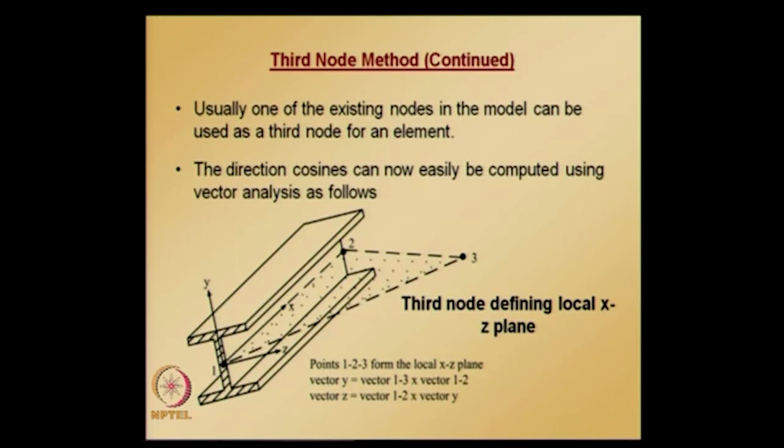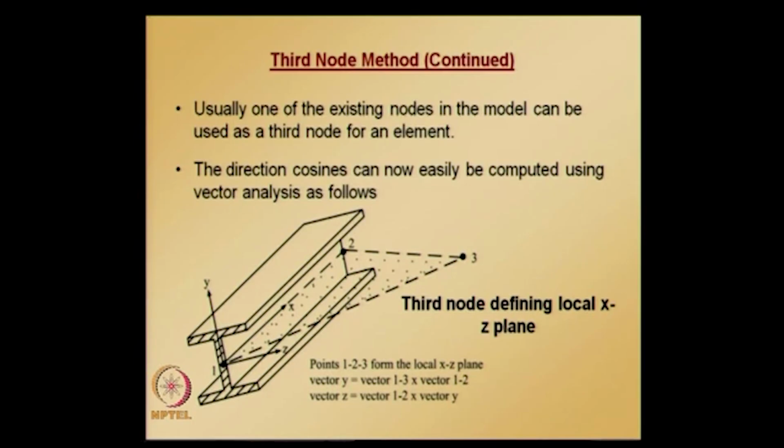If you see here, an arbitrarily oriented space frame element is shown with local x axis, local y axis, local z axis shown there, and node 1 and node 2 are the two endpoints of this space frame element, and node 3 is the third node, that is the node that we require for defining the local xy plane or xz plane.